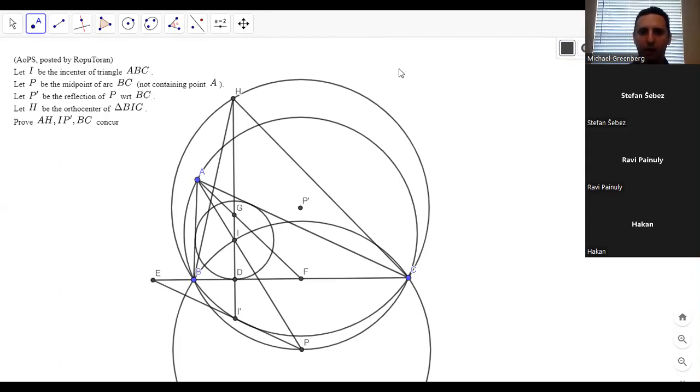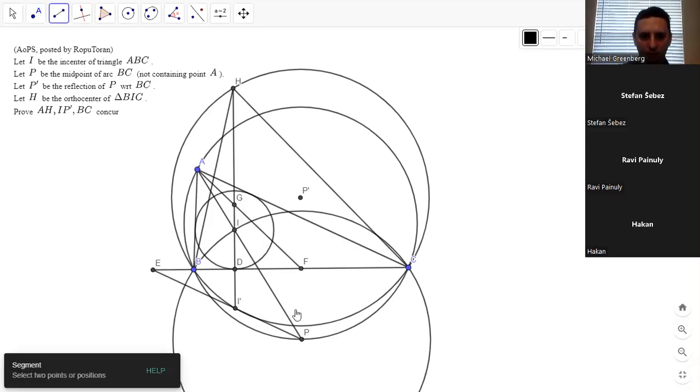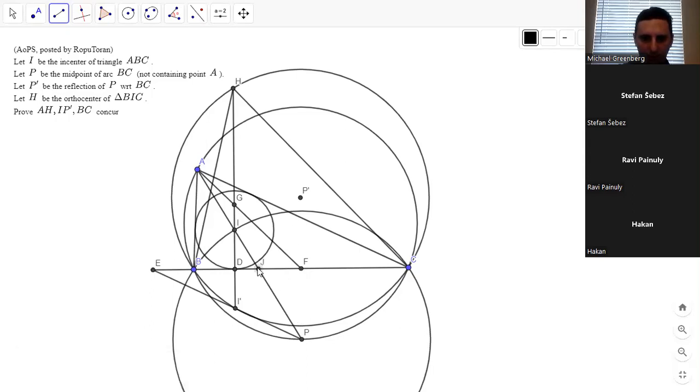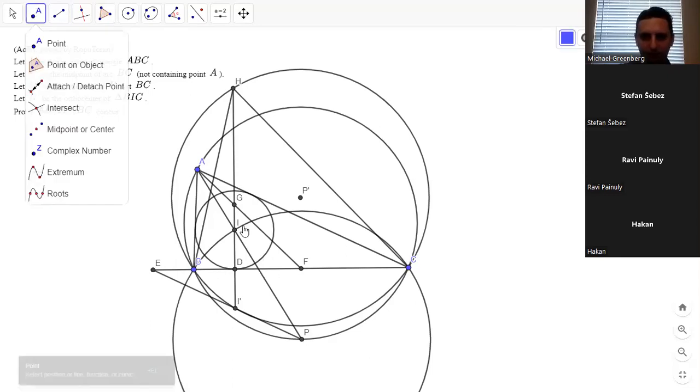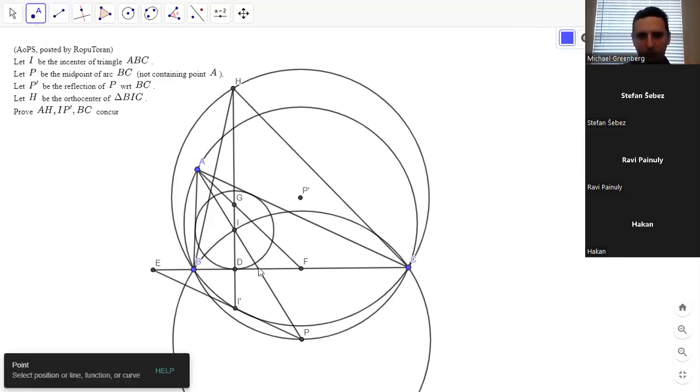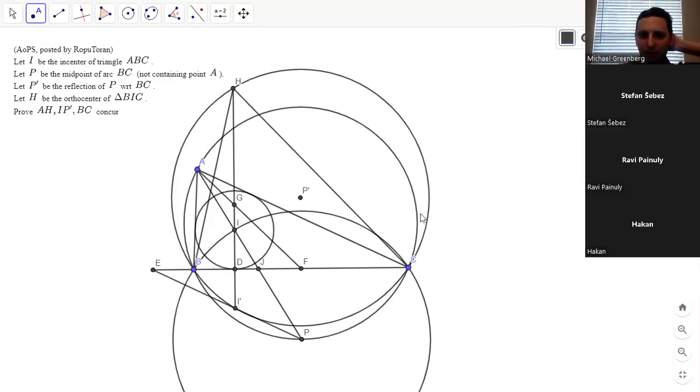Okay. And what do you project through? From I. Okay. And from A. Okay. So P goes to this point, P prime. Sorry. Okay. P prime.